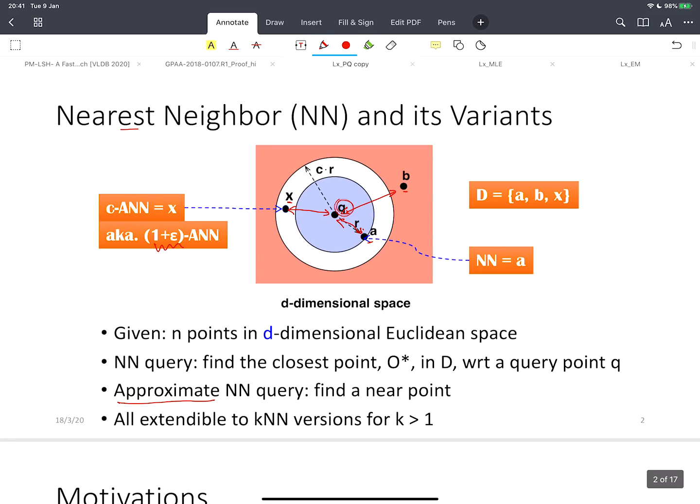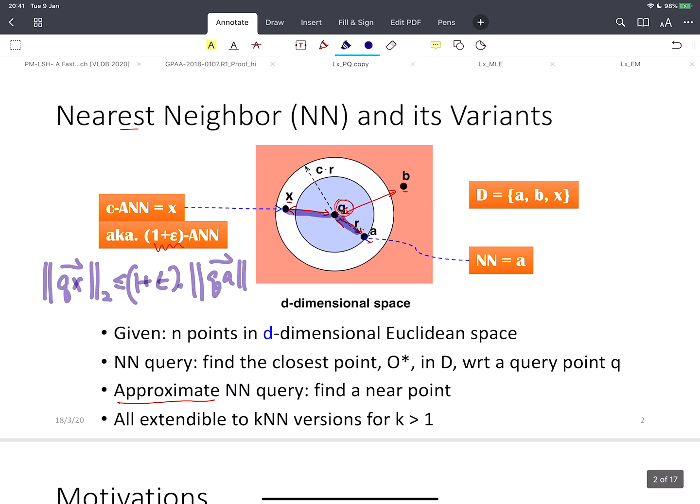So in this picture here, the nearest neighbor distance is this one from Q to A. And as we can see, basically this vector Qx is actually smaller than 1 plus epsilon of this QA vector.